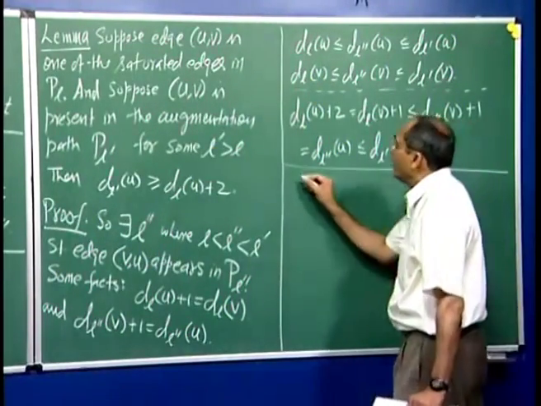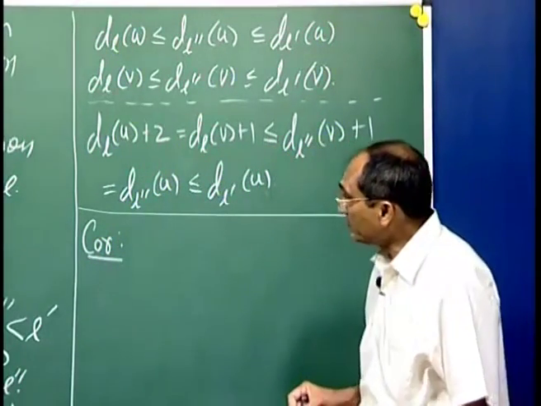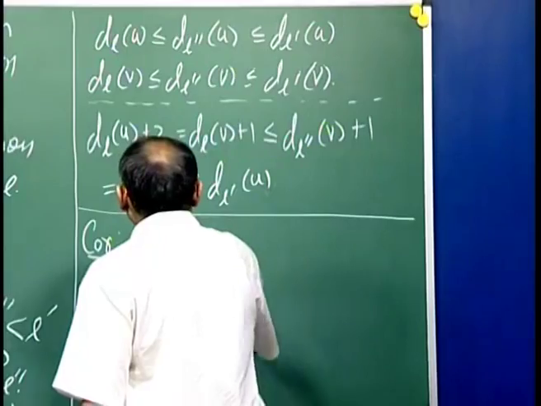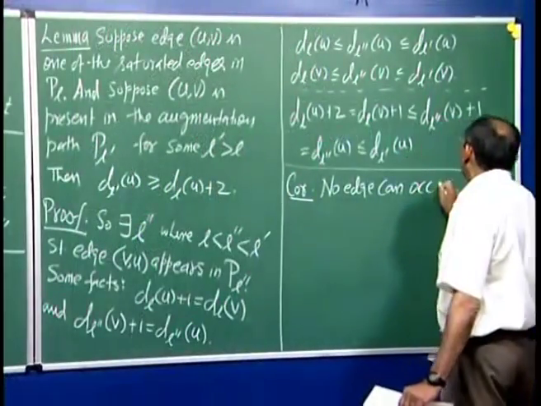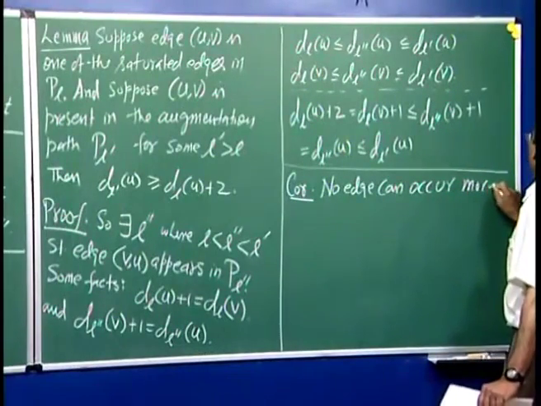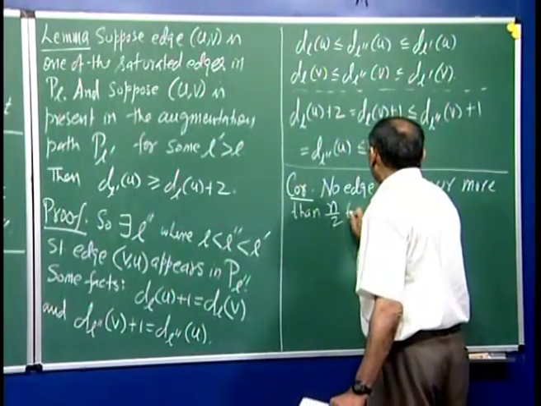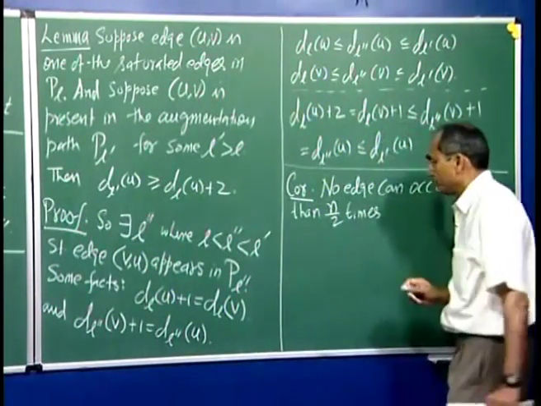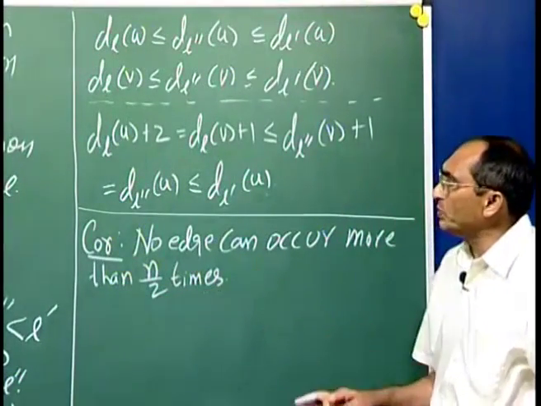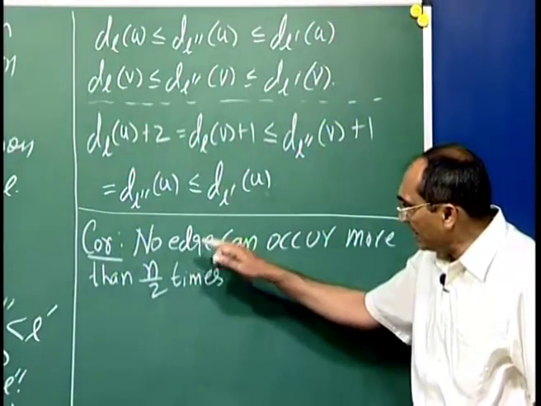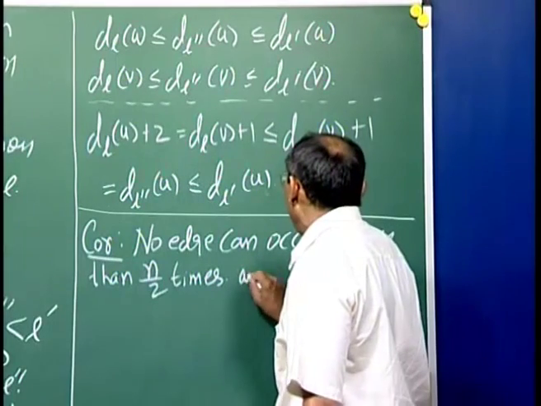So now I am claiming a corollary to this claim is that no edge can occur more than n by 2 times. That is, in n by 2 distinct iterations, no edge can occur as a saturation edge.